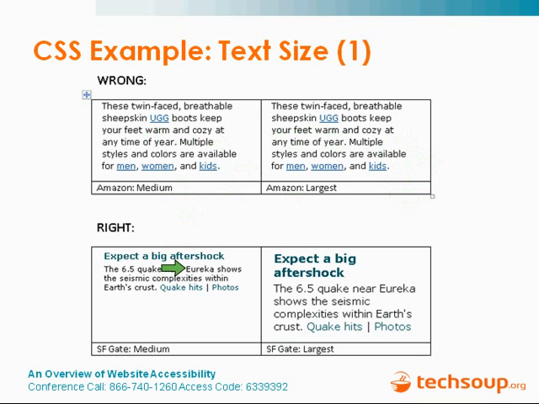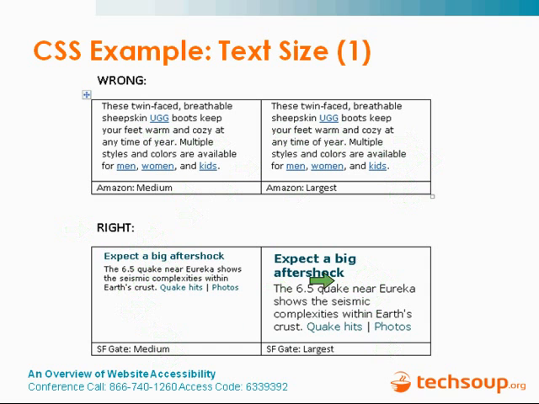However, SFGate, the San Francisco Chronicle website, uses cascading style sheets correctly to define text sizes. So the text on the left is what you would see if you had the text size set to medium. On the right, you can see that it's quite a bit larger when the user has set the text size to largest.